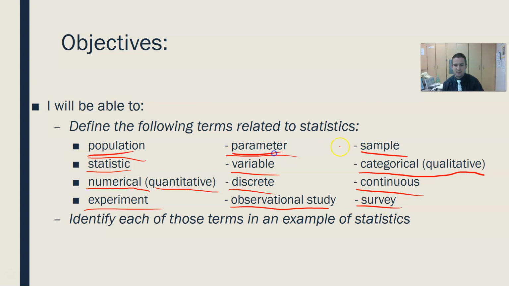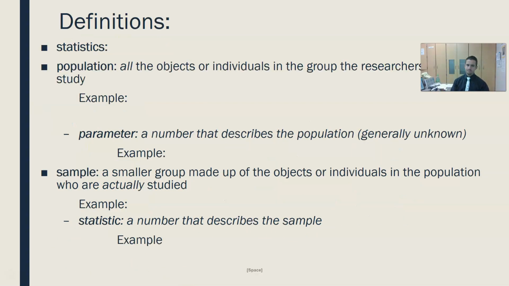If you read them from left to right, it probably makes more sense as to what we're going to be talking about. But there's a bunch of terminology that we're going to cover in this unit that's going to be helpful as we move on and continue to talk about some of the nitty-gritties of statistics. These terms will come in handy. So I want you to be able to identify each of these terms in an example of statistics. That's the goal.